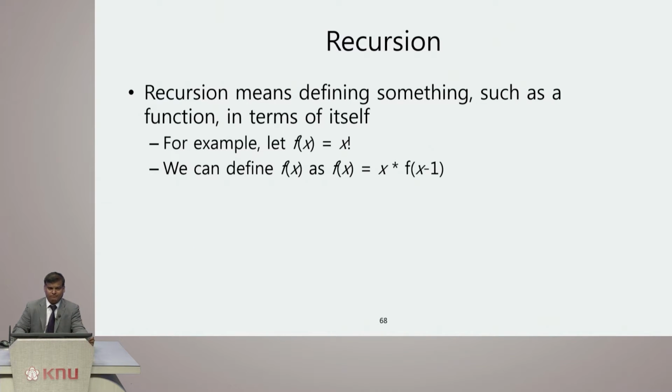So here we can define f of x as f of x equals x times f of x minus 1. Well, let's see a lot of other examples in the coming slides, but basically this is the definition. Recursion means defining something such as a function in terms of itself.